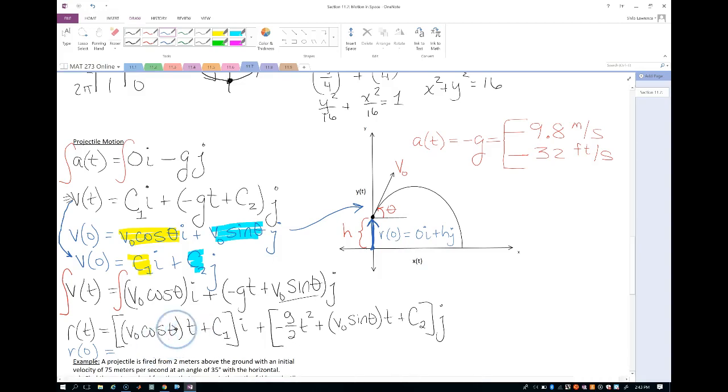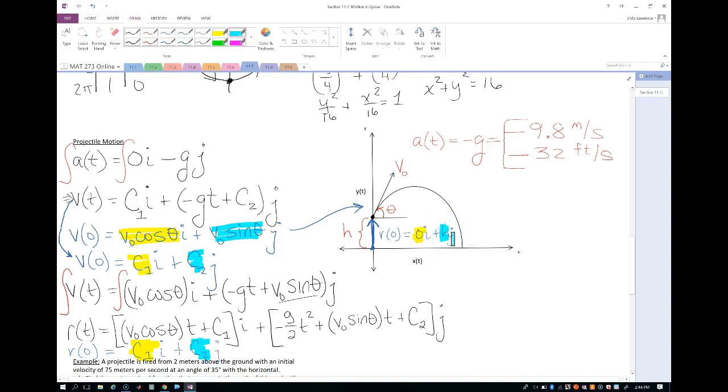So if we plug 0 in for t's, the only thing we have left is C1i plus C2j, which means for the second iteration of this whole process, C1 is 0 and C2 is h.